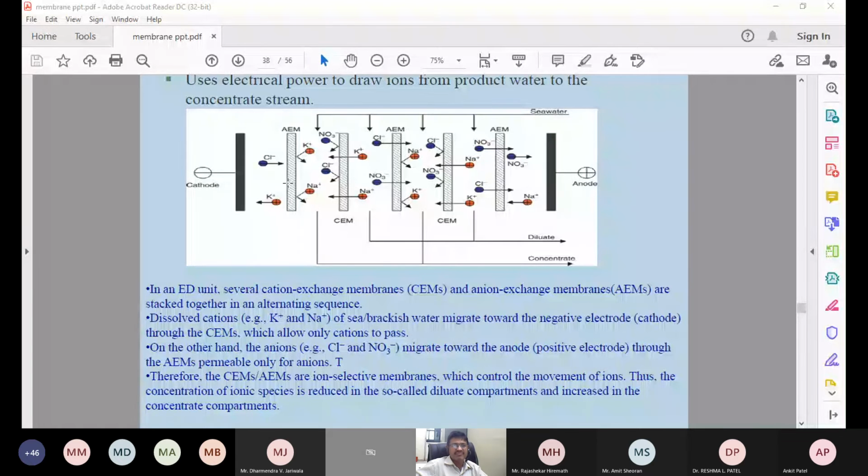Sulfonated ions are embedded in it by the sulfonation process using H2SO4, and in the other we have NR3+, so that will be there in the cation exchange membrane. So these two types of membranes will be there, one will pass the cation, one will pass the anion. Like that the membranes are prepared and they are placed in this electrodialysis.